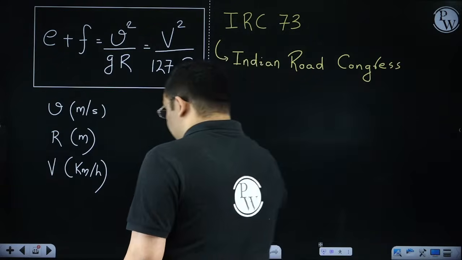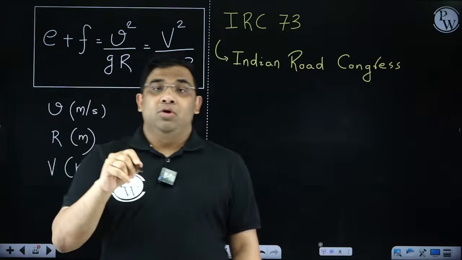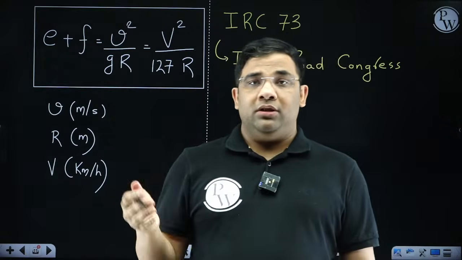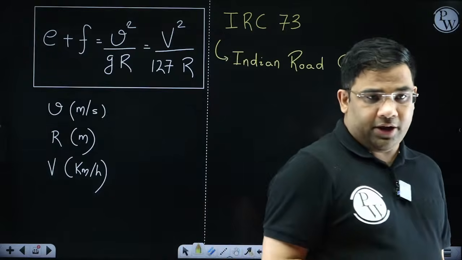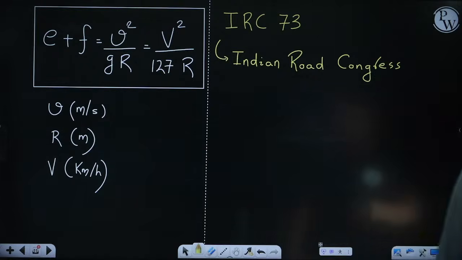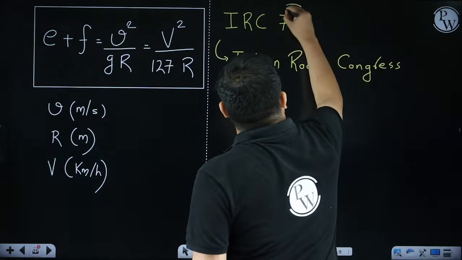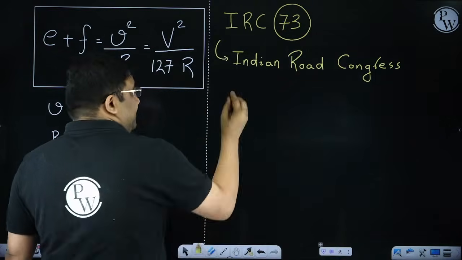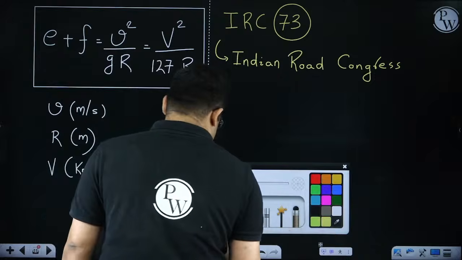It is responsible for designing all the specifications for highway construction, highway geometry design, pavement design, traffic engineering, all those things. In this, 73 is the code for geometric design of roads. So as per this, what is the recommendation?